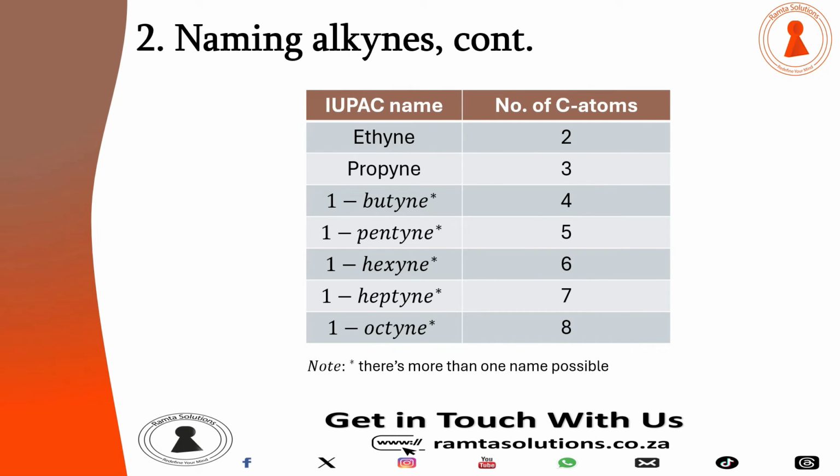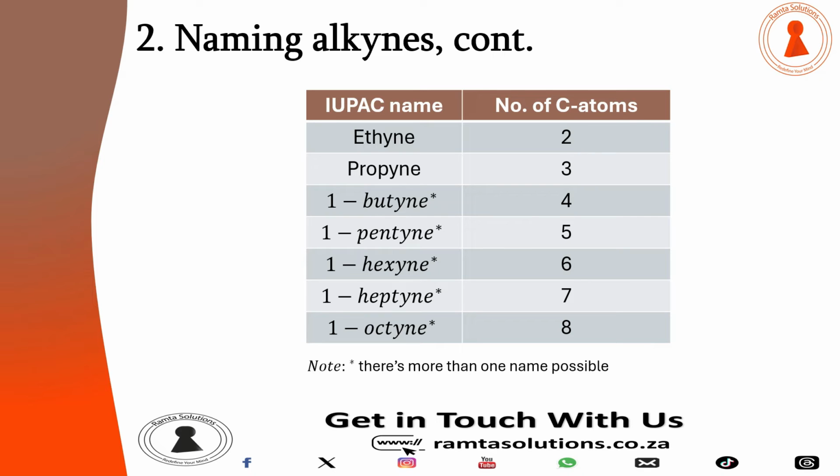But before we go there, let me remind you of the naming that is used in alkynes. You remember that when you have a longest chain of two carbons, you say eth, 3 prop, 4 but, 5 pent, 6 hex, 7 hept, 8 oct. All right.